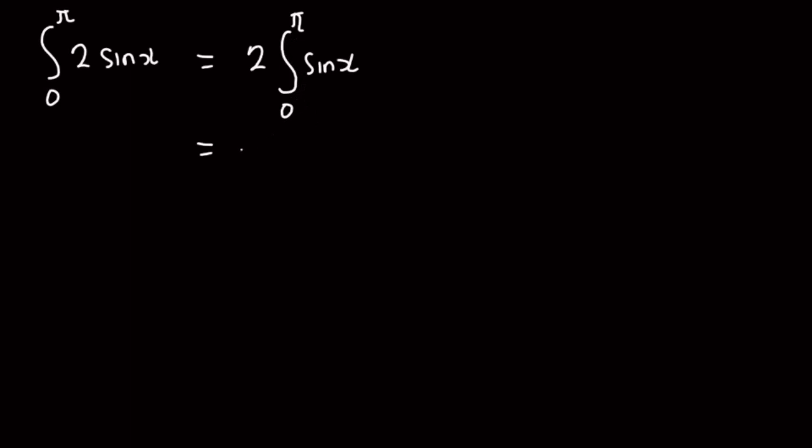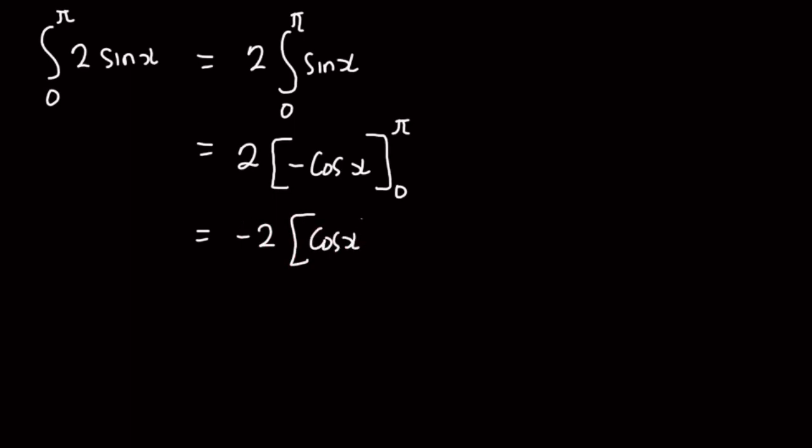So this is the same as 2 times negative cos x, where the lower limit is 0, the upper limit is pi. So this is the same as negative 2 cos x, where lower limit is 0 and upper limit is pi.